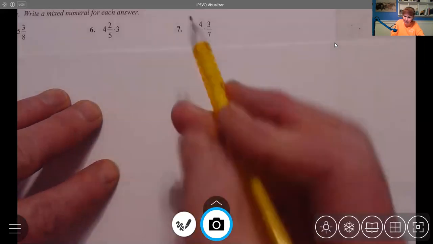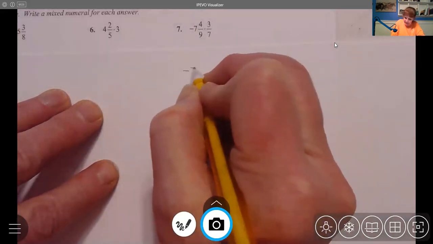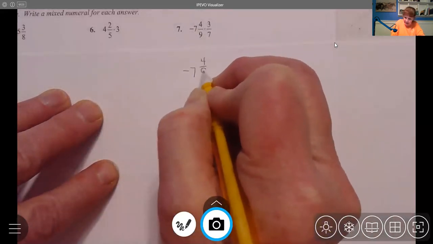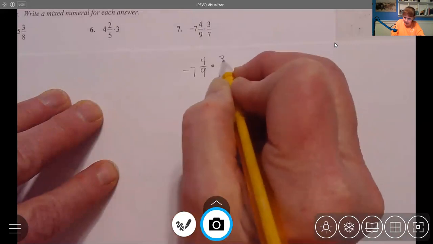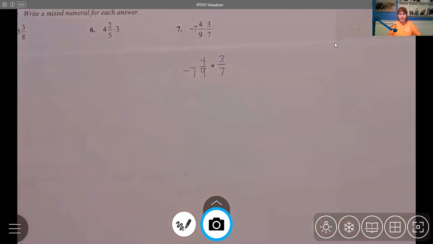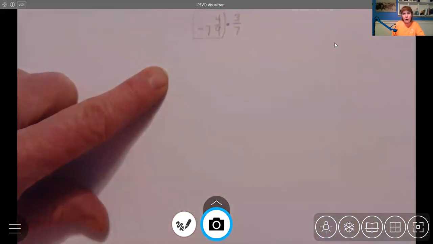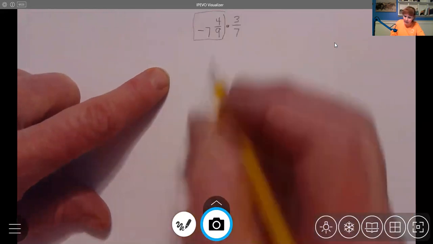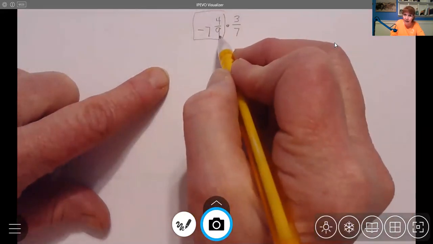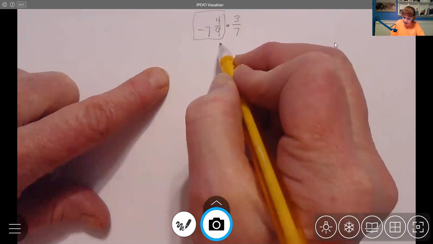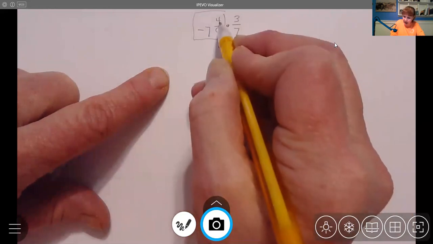Okay, so we have a negative 7 and 4/9 times 3/7. So here we go again. We're going to take this right here and make it into fractional notation by taking 7 times 9, which is 63, and you add the 4.